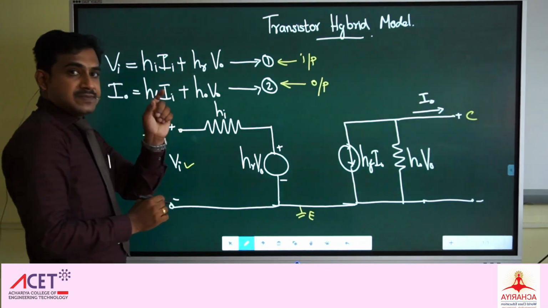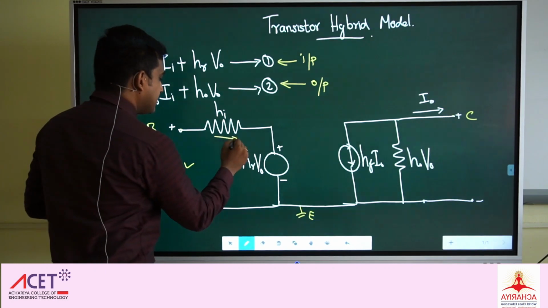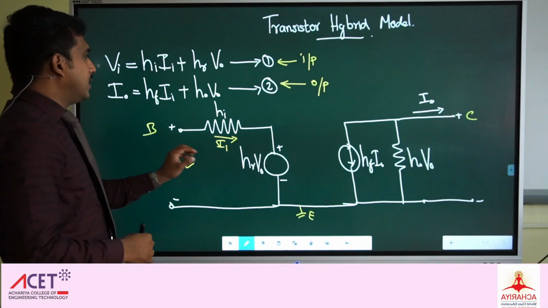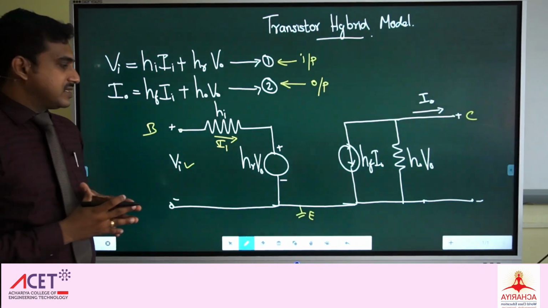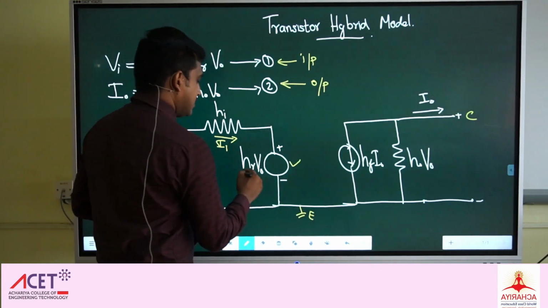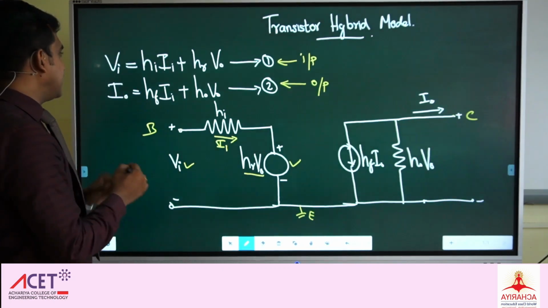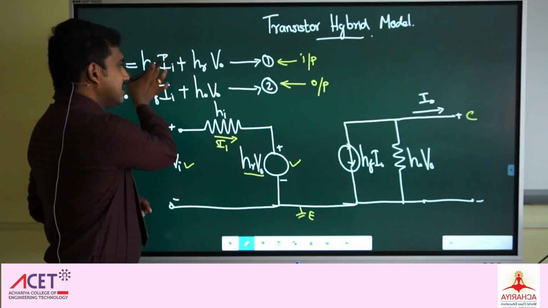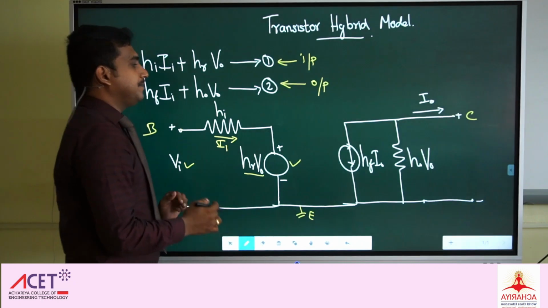Hi, the input impedance, means a total resistance, Hi, into Ii. Ii is the current flowing through this input loop. Then Hr V naught: already we know that Hr is the reverse voltage gain. That's why we are putting a voltage source in the input side, Hr into V naught. This is the input side equivalent circuit. I repeat again, Vi is equal to Hi Ii plus Hr V naught. Using this equation, we have drawn the equivalent circuit of the input side.